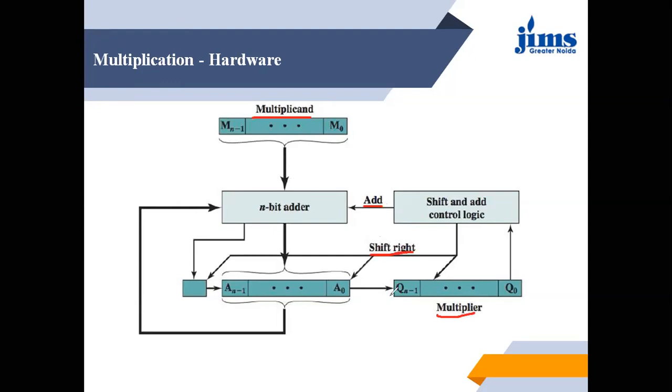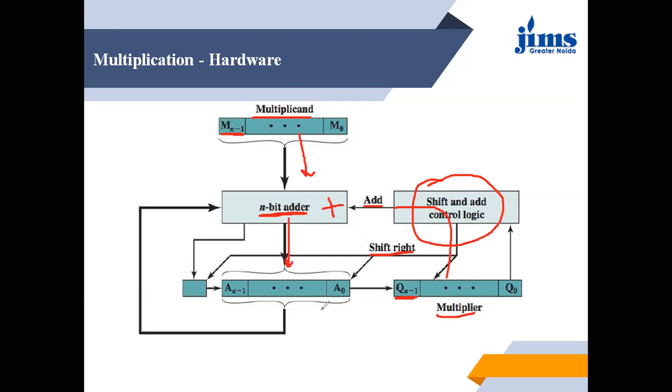In the multiplicand, Mn minus 1 is the sign bit, and in the multiplier, Qn minus 1 is the sign bit. This is the shift and logic unit. When multiplying, we use an adder: one number comes from this side, the second from this side, we add these two numbers, and then transfer the result to the accumulator.